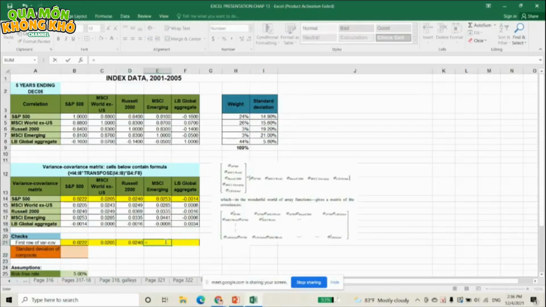And next, we take S&P multiplied with MSCI and correlation.